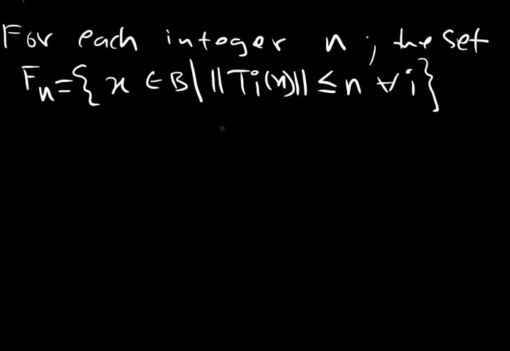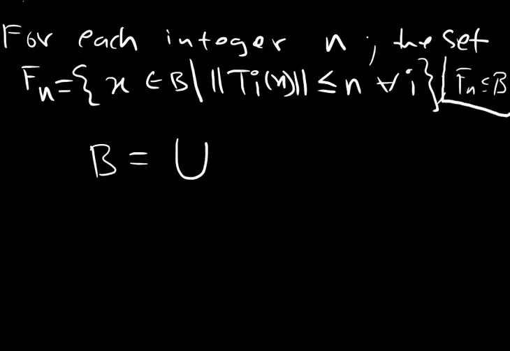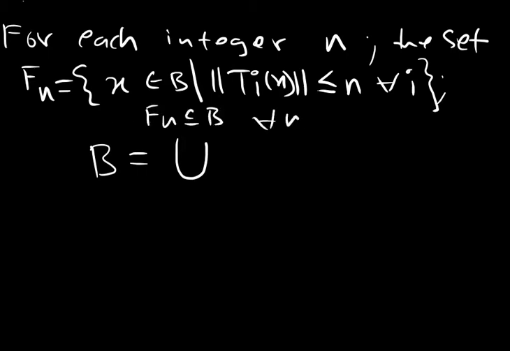What we can observe from here is that B can be written as a union of these Fn. Note first of all that Fn is a subset of B for all n.